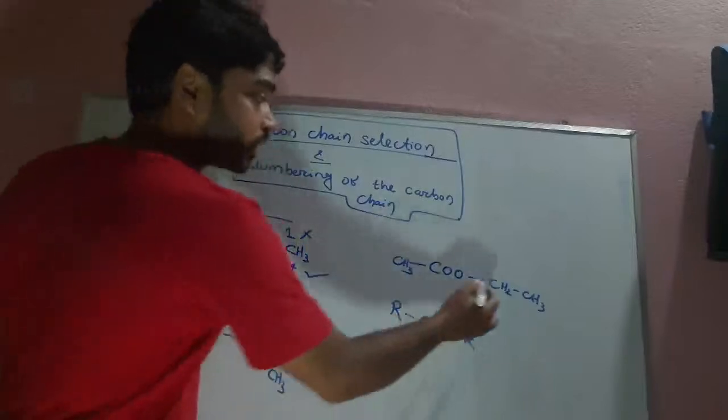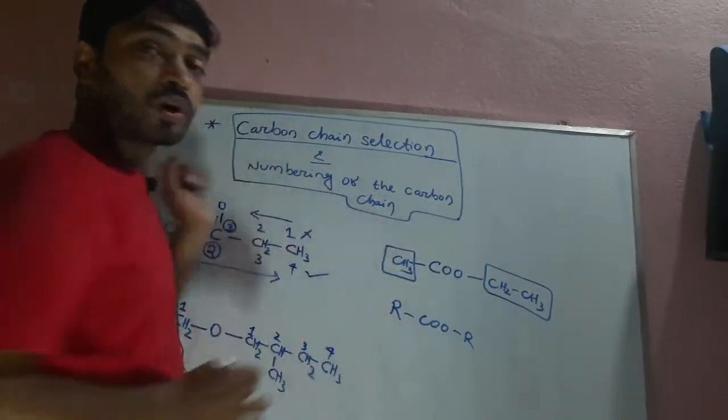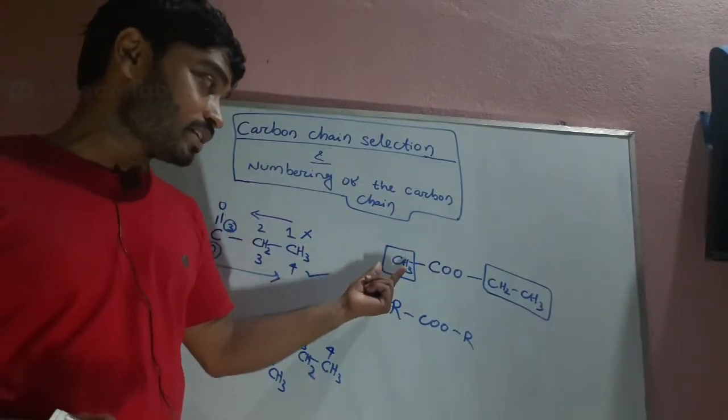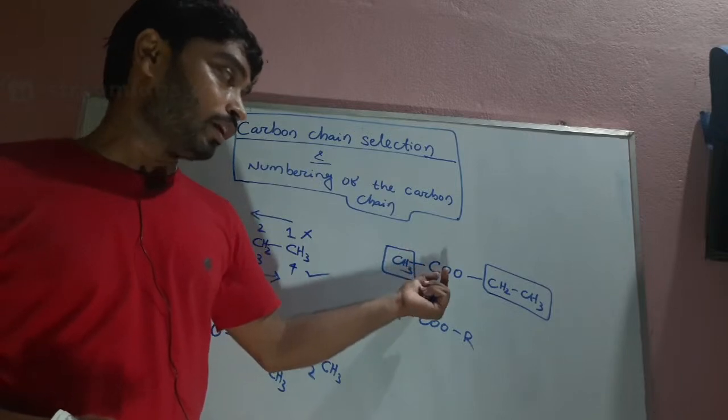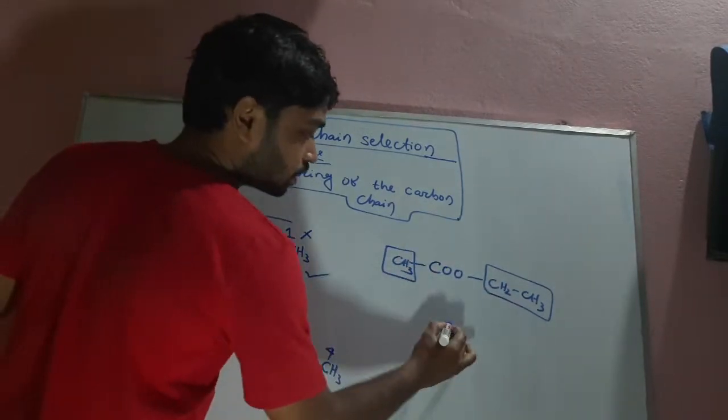That means here the alkyl group contains 2 carbon atoms, and here the alkyl group contains 1 carbon atom. So the functional group carbon, though present on this side, will be opened and the carbon atoms will be arranged, writing the opening structure.